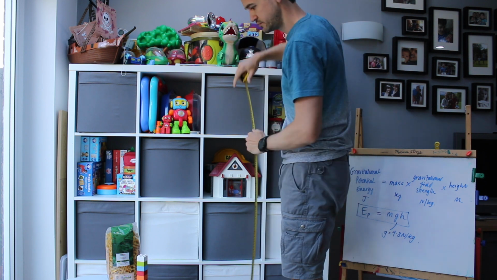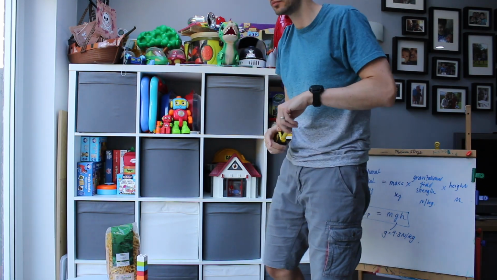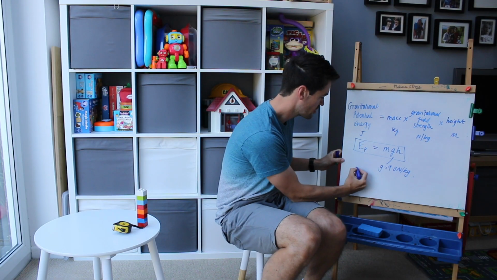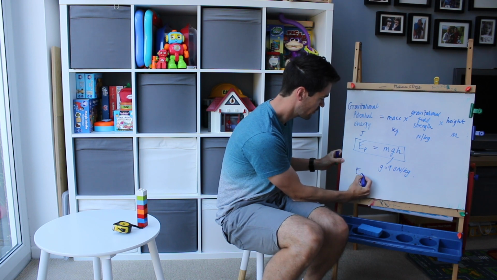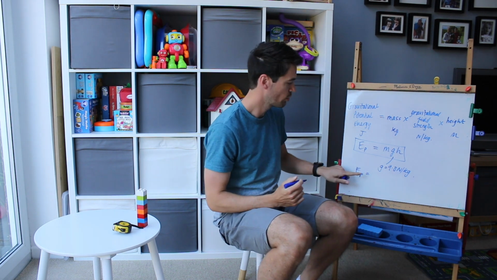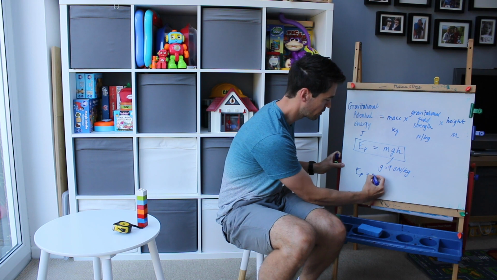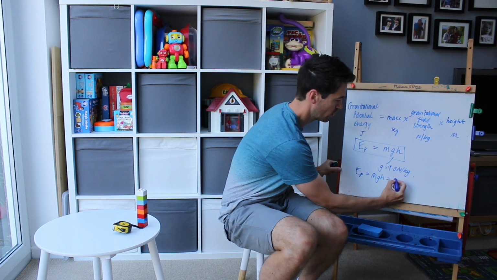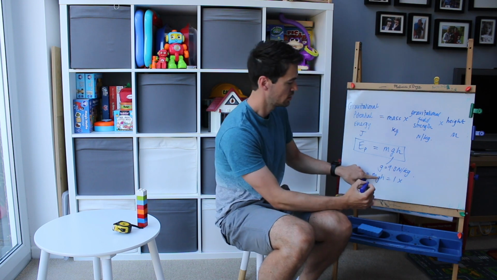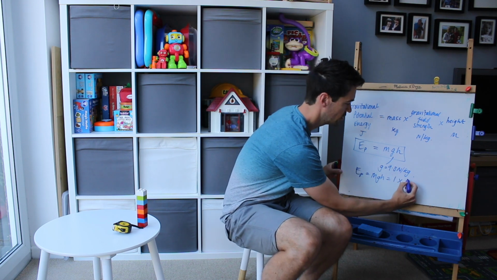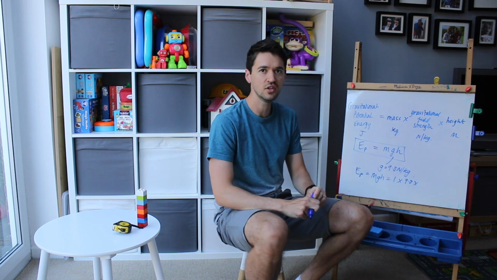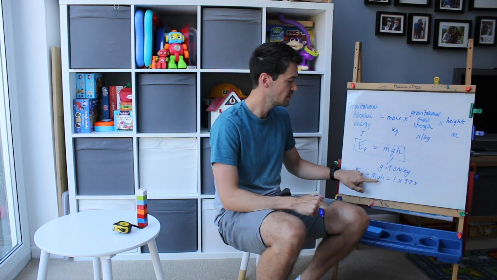Let's now put the numbers into our equation. So how much energy have we put in our bag of pasta? Well, I'm going to write it out again here, mgh. So our mass is 1 kilogram. G is 9.8 on Earth, 9.8 newtons on every kilogram. And h is 150 centimetres.